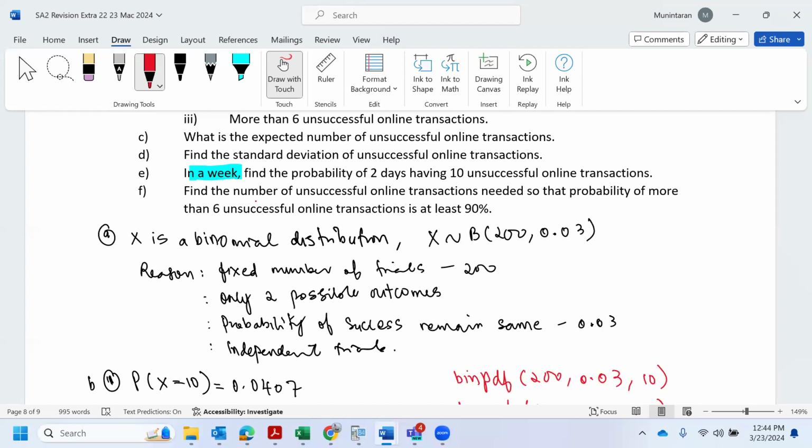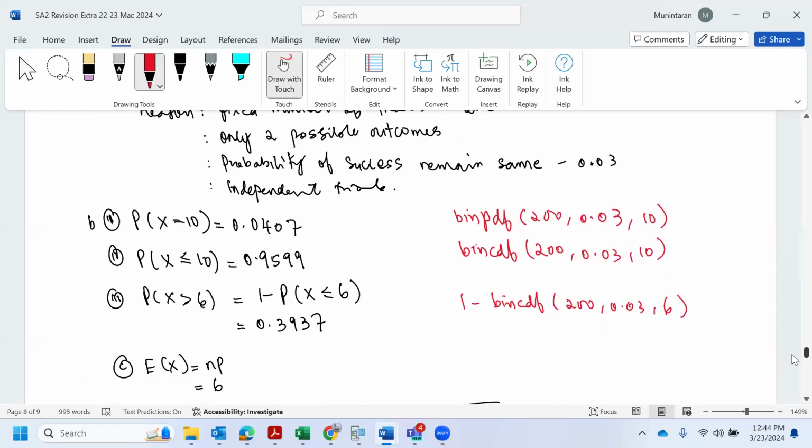So what does that mean? Does that mean out of the 200 transactions, for you to have more than 6 unsuccessful transactions, it will be about 0.4?